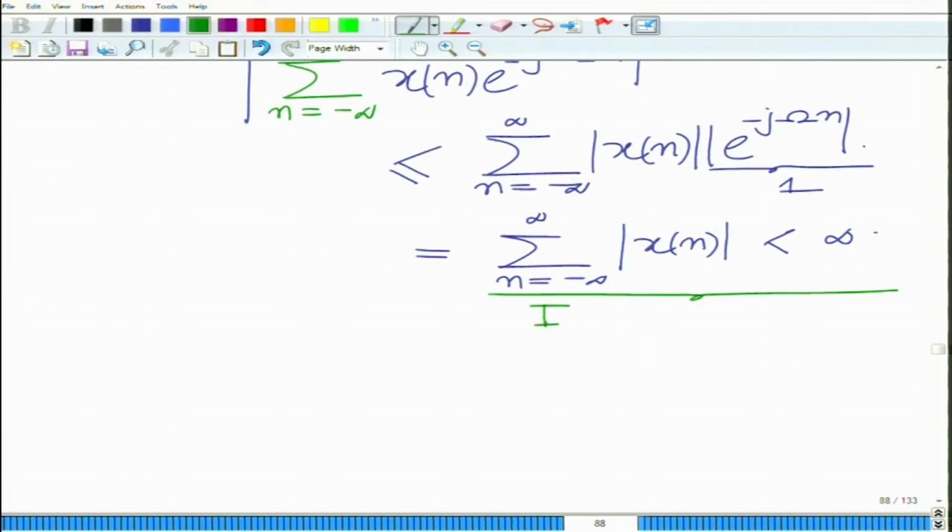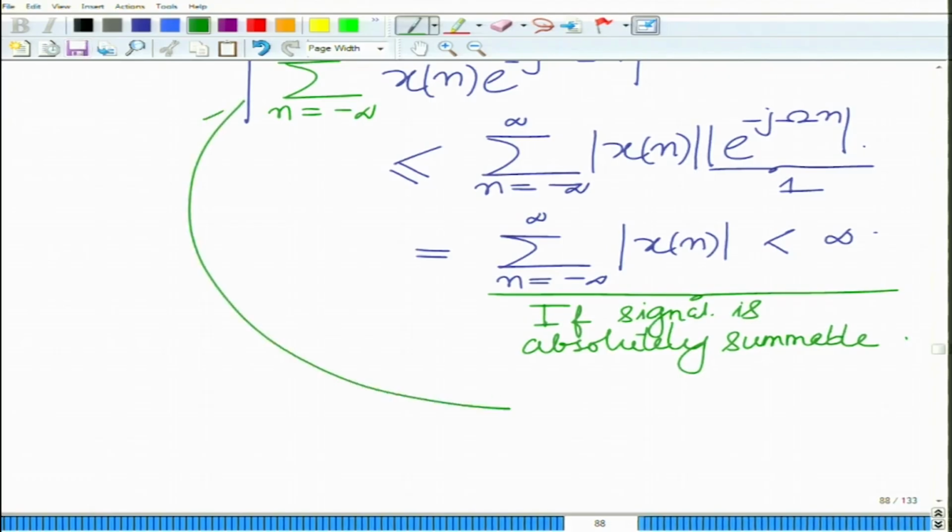If the signal is absolutely summable, then this is less than infinity, which implies the ROC contains the unit circle.